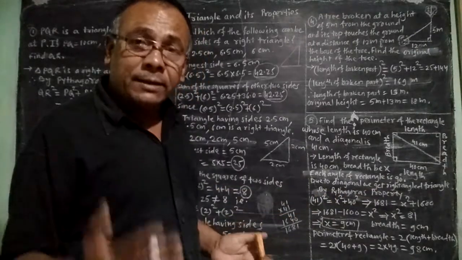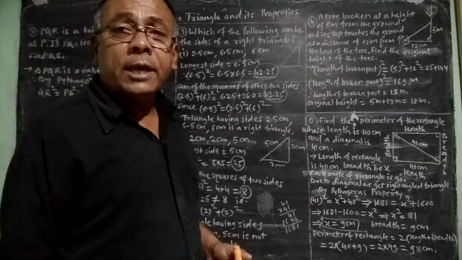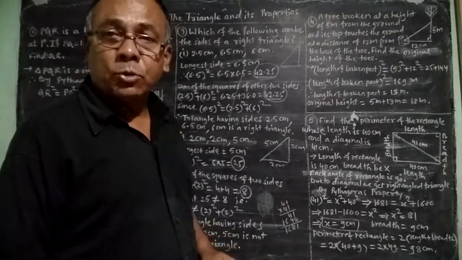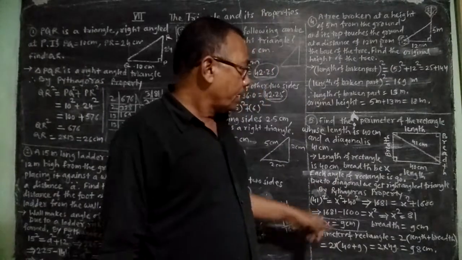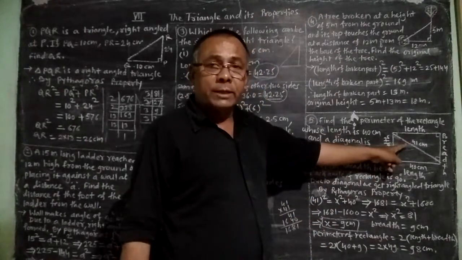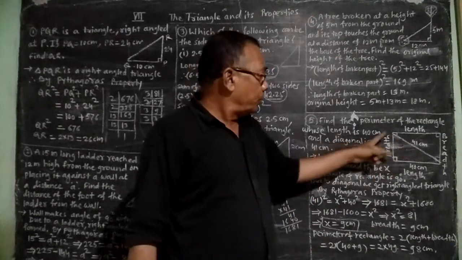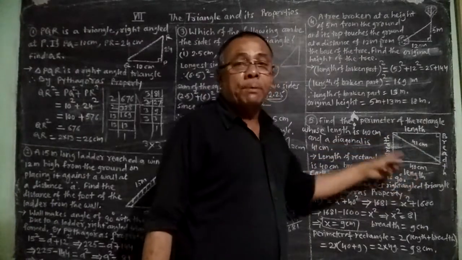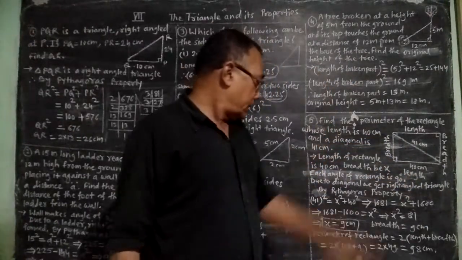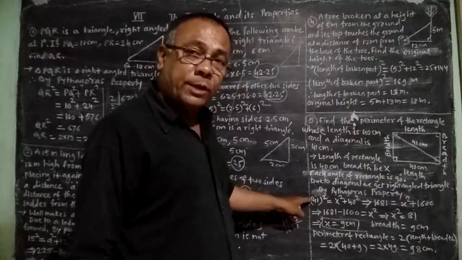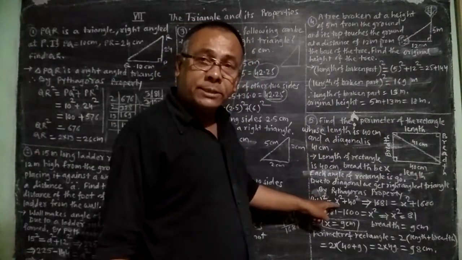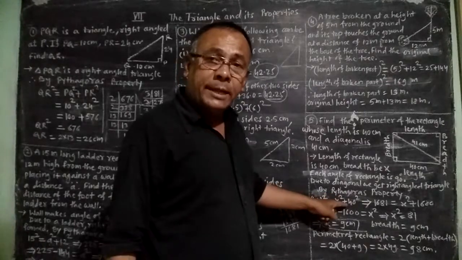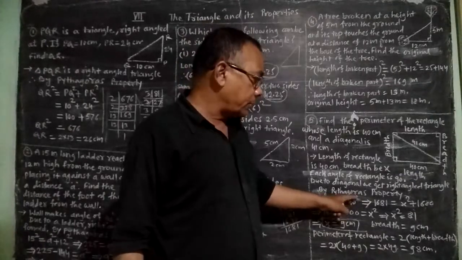And if a right angle triangle is there, then we can definitely apply the Pythagoras property. So by Pythagoras property, hypotenuse square is equal to length square plus breadth square. So hypotenuse is 41, so 41 square is equal to x square plus 40 square.